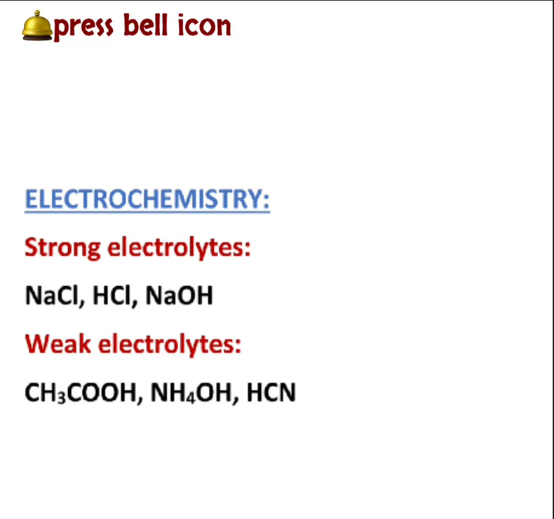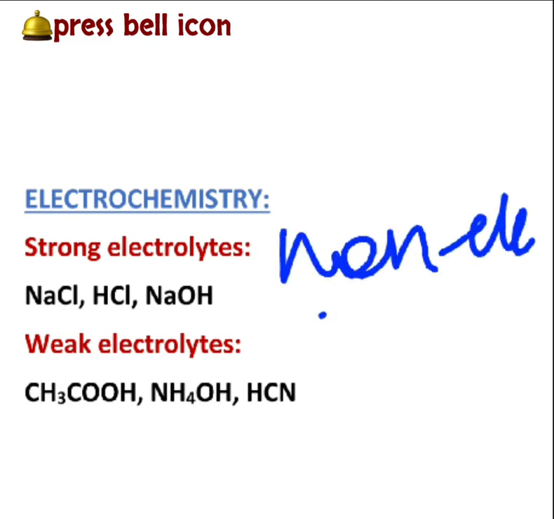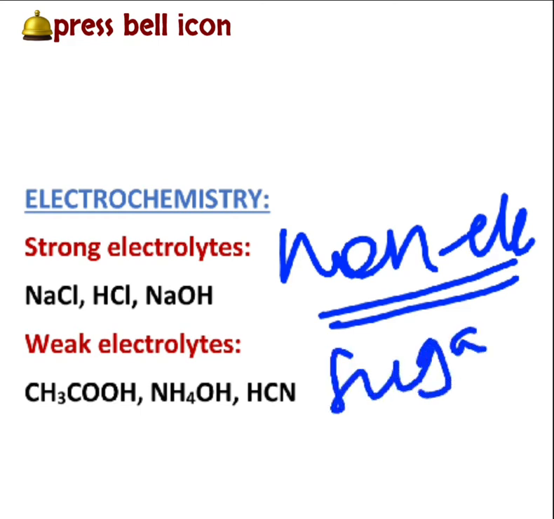In addition, there are certain substances called non-electrolytes, for example sugar or urea. These do not conduct electricity at all. That means they do not dissociate into ions, and as a result they do not conduct electricity.